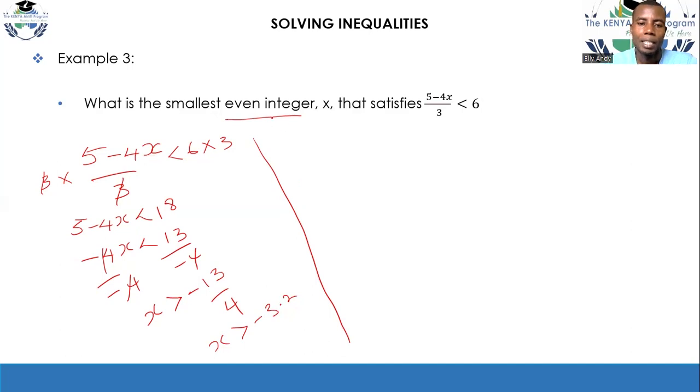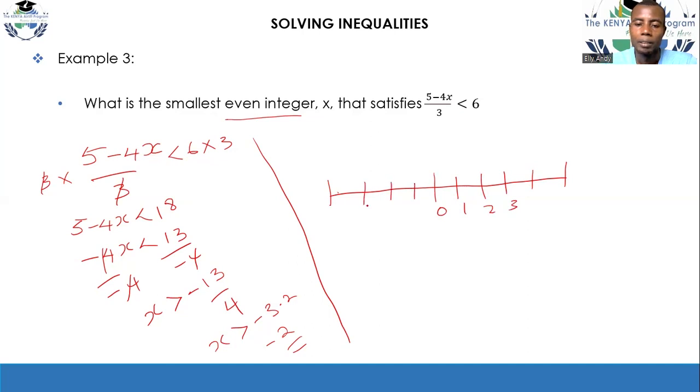So the first integer that is greater than this, the first even integer will give us our answer, which in this case should be negative 2. Let's look at it on the number line, which we'll just use for illustration, but you don't always have to use it. So let's say we have this number line here.